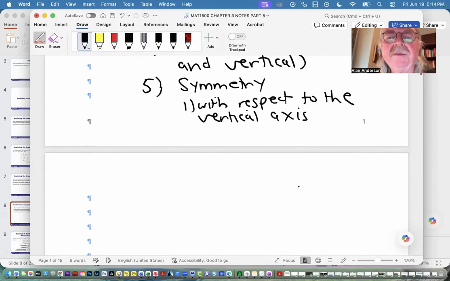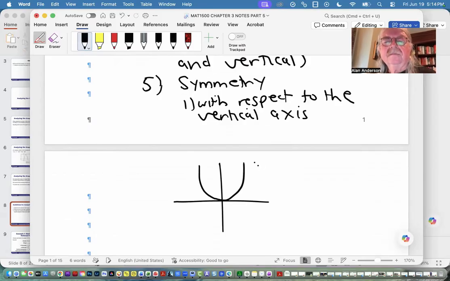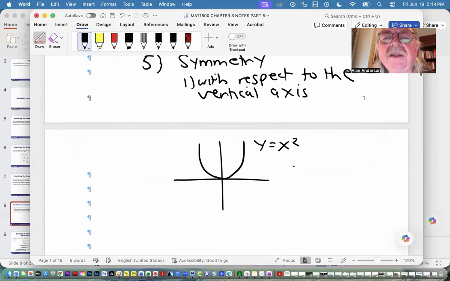And that would be, for example, y equals x squared. Symmetry with respect to the horizontal axis.